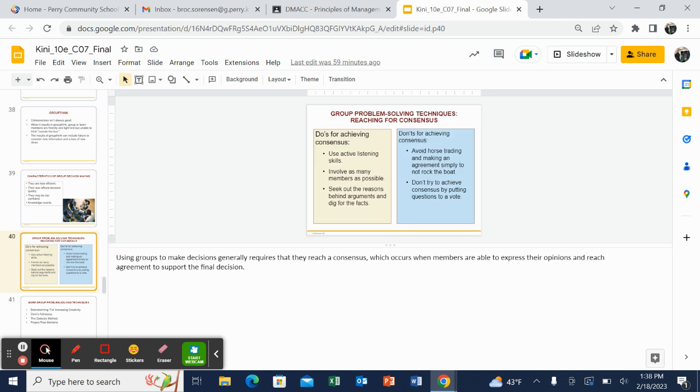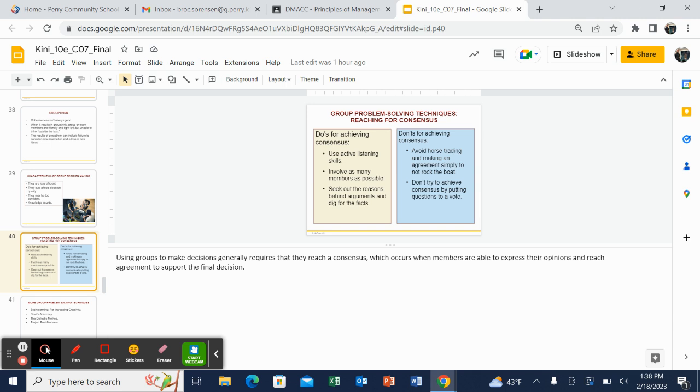So group problem-solving techniques when reaching for consensus. For achieving consensus, use active listening skills, involve as many members as possible, seek out the reasons behind arguments, and dig for facts. The don'ts for achieving consensus: avoid horse trading and making agreements simply not to rock the boat, and don't try to achieve consensus by putting questions to a vote.